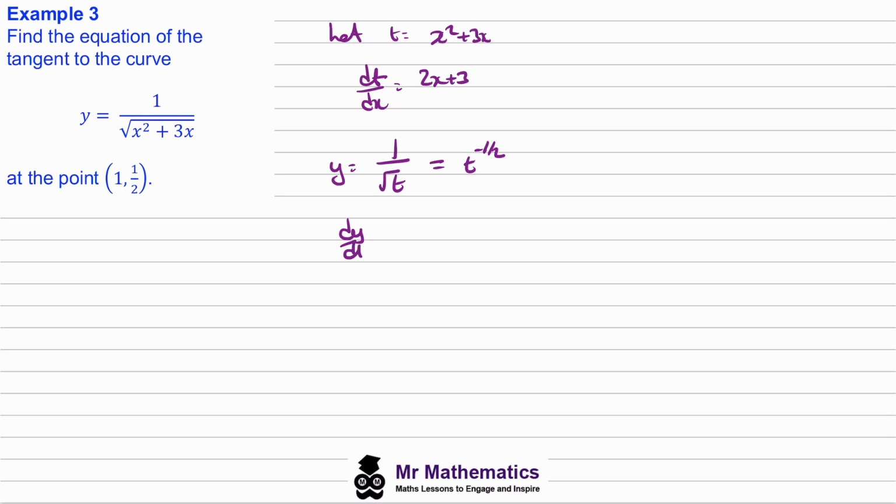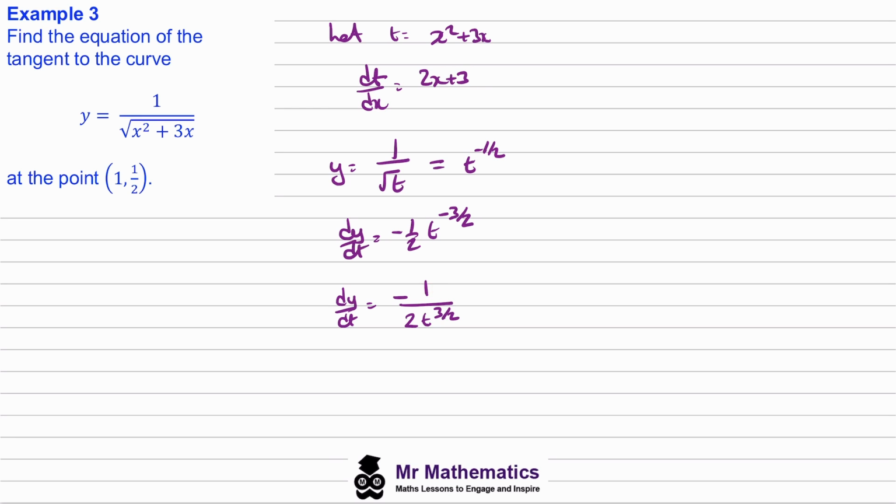So dy by dt will be negative 1/2 times t to the power of negative 3 over 2. I'll write this as a fraction, so dy by dt will be negative 1 over 2 t to the 3 over 2. So I've written it as a fraction because I'm going to multiply it by dt by dx.